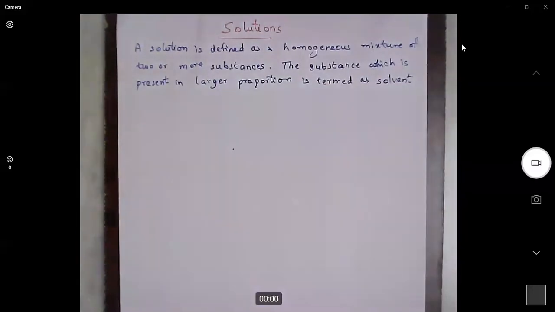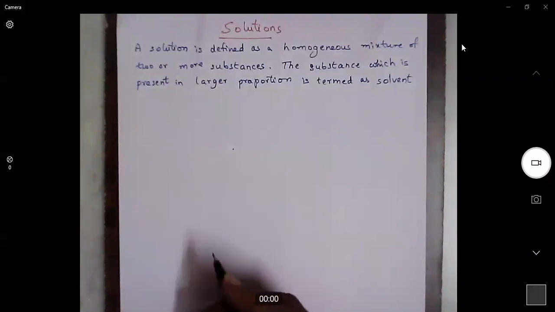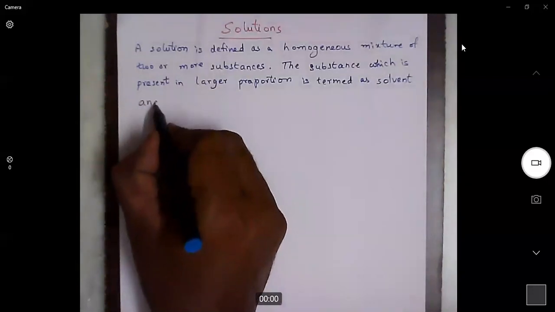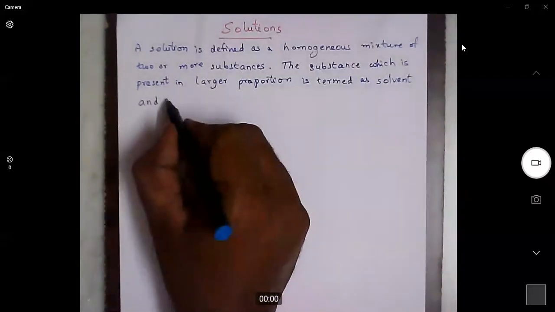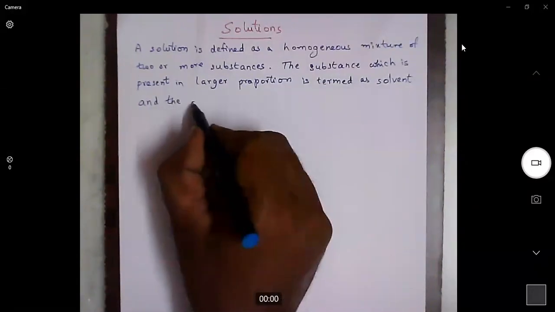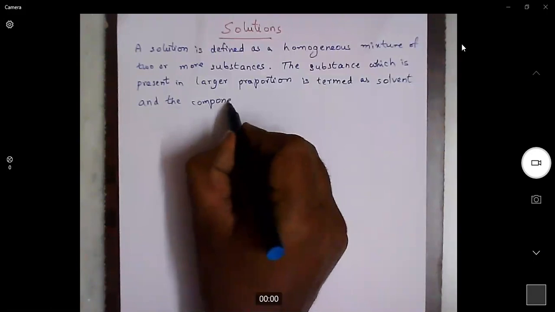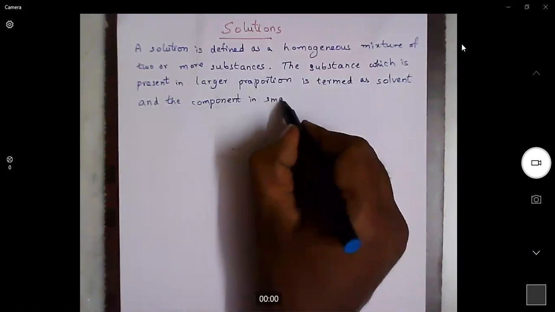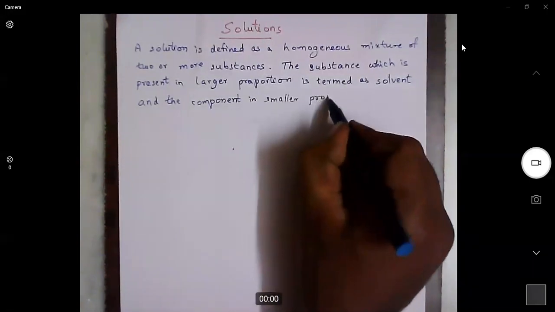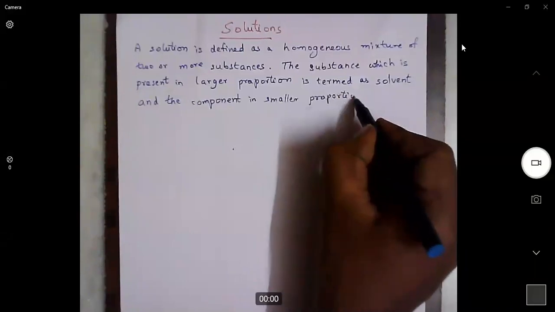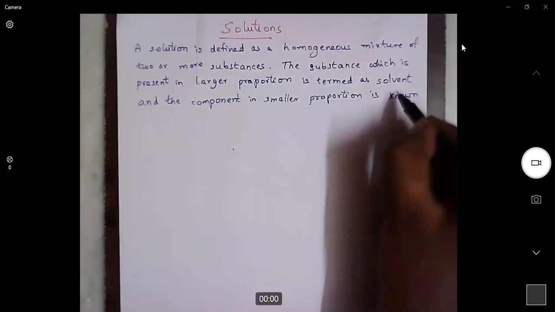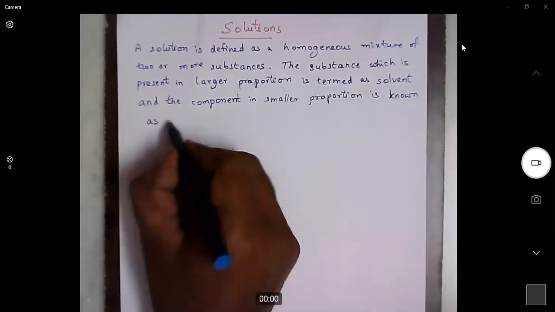So if a binary mixture, that means a mixture of two compounds, has one compound in large quantities and another compound in small quantities, then the compound in larger quantities is termed as solvent, and the component in smaller portion is termed as solute.